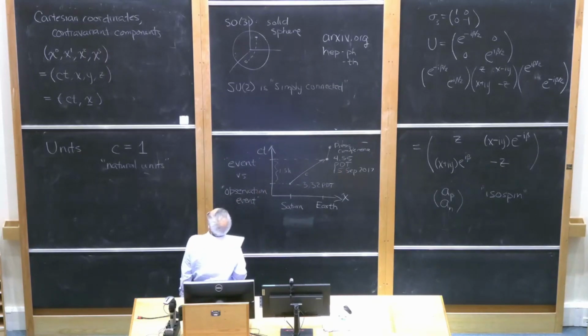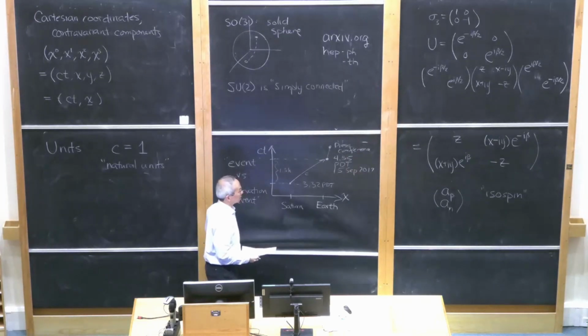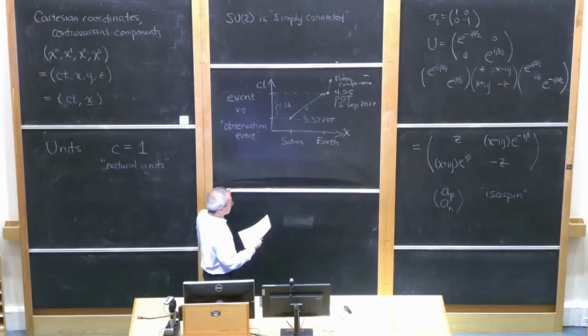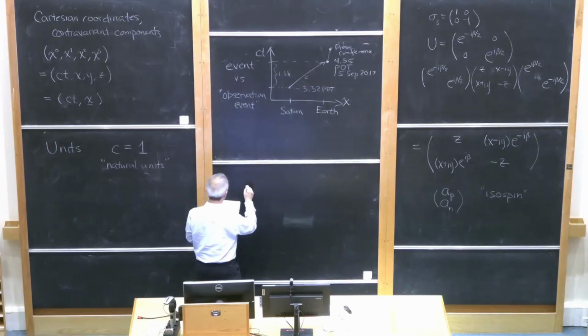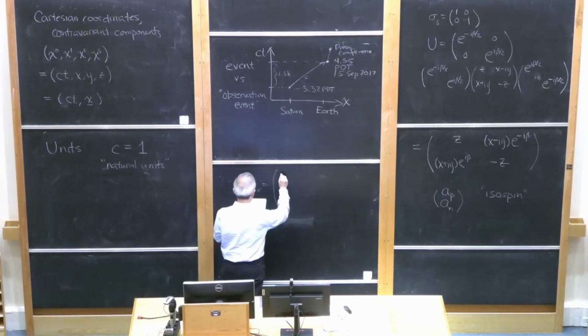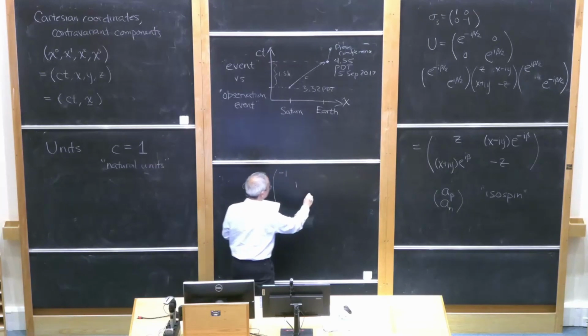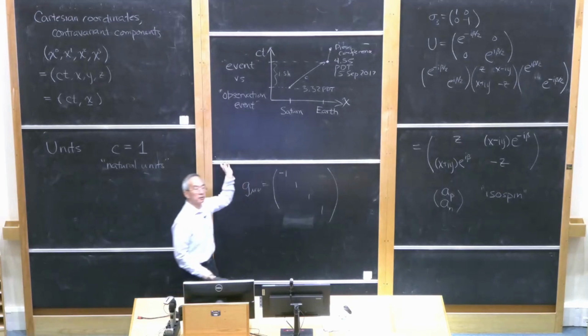I'm just going to hint at one more thing, but this is all that I'm going to do. We are talking about geometry, and we are going to write the components in this way. So this is the metric tensor for a Minkowski space.